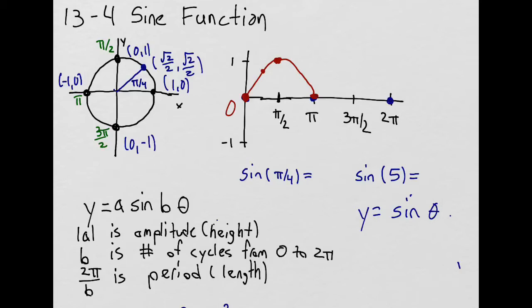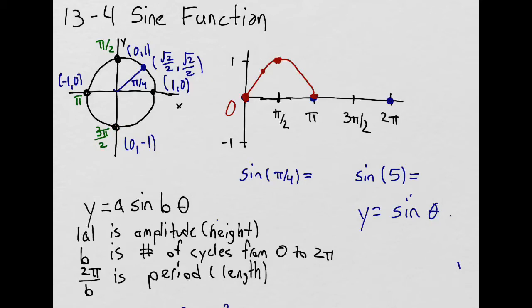Now it does the same thing, only negative, as we keep on going. As we rotate around, we're getting to negative y's. Starting at pi, we rotate towards 3 pi over 2. We see y gets negative, and eventually it gets to -1.